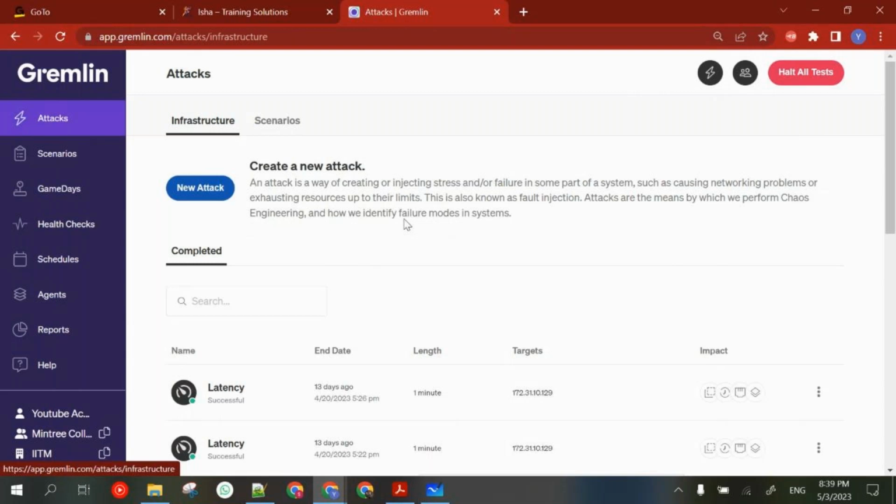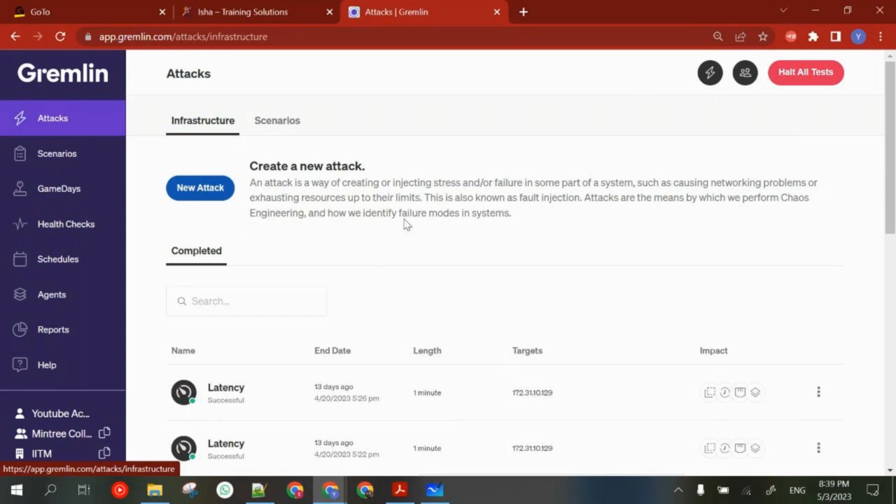Before any Gremlin tool is released into production, we do community testing. That's why I get a discounted price, which I cannot call out now. It will be costly for you as an individual, but as an organization it will not be that costly.